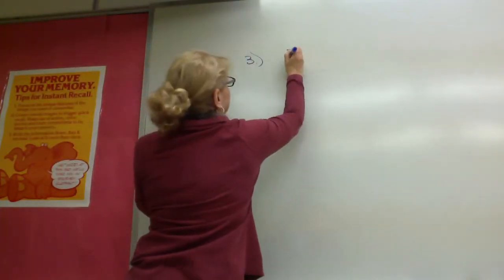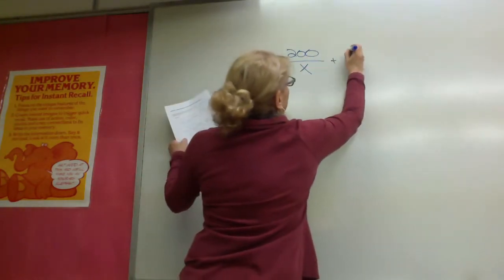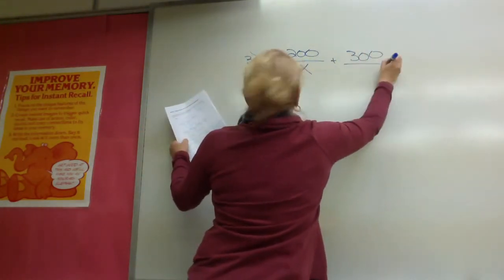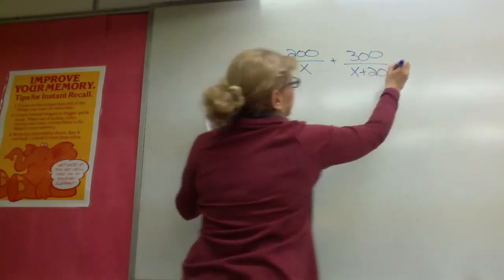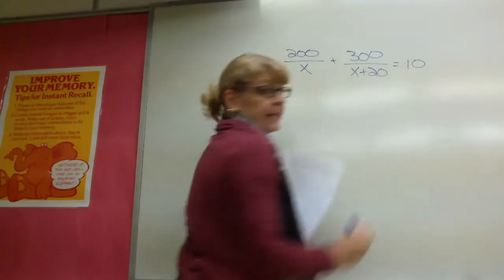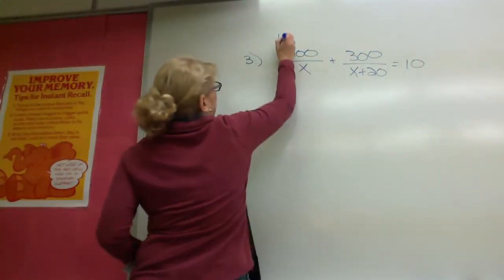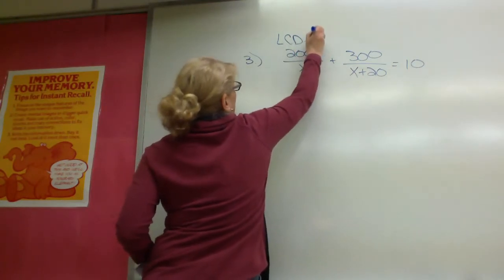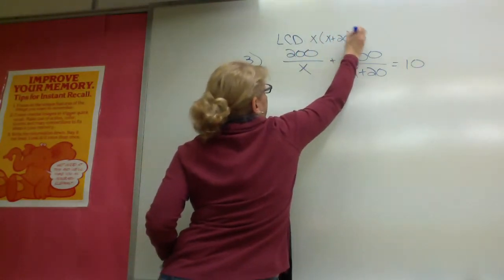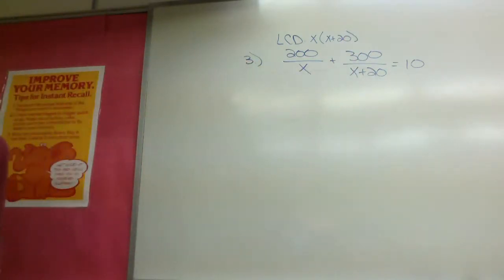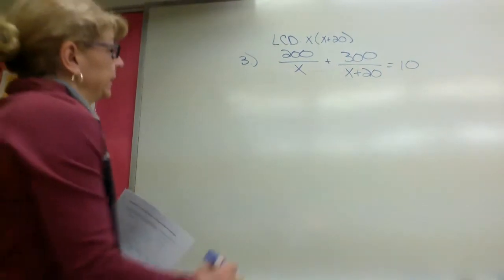I have 200 over x plus 300 over x plus 20 equals 10. Okay, the least common denominator here is going to be x times x plus 20. Okay, we're going to multiply each term by that least common denominator.